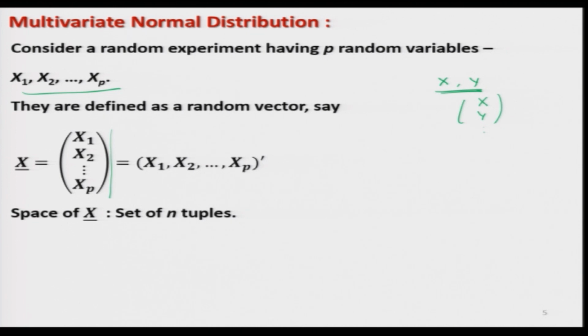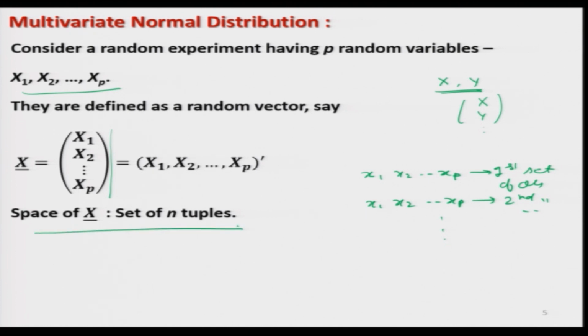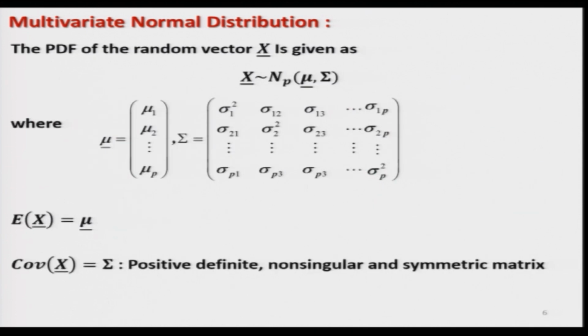And when you get the observations on these variables, you will have a set x1, x2, ..., xp, which is the first set of observations, and then you will have one more x1, x2, ..., xp, which is different from the first set. This will be your second set of observations, and then you will repeat it n times. So, this space of x is going to be the set of n tuples.